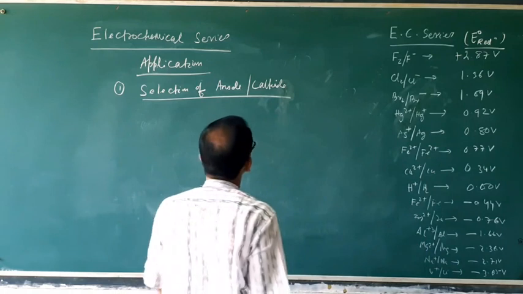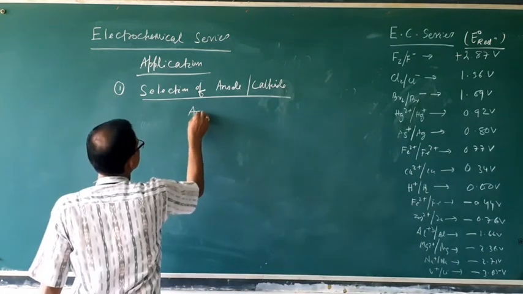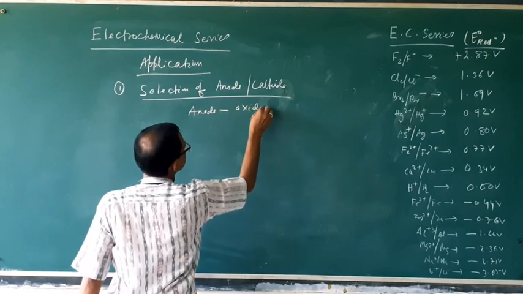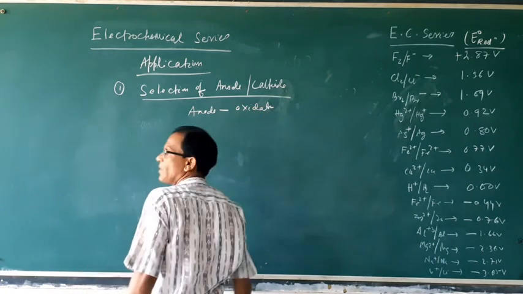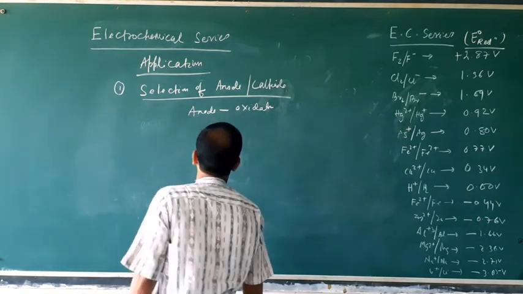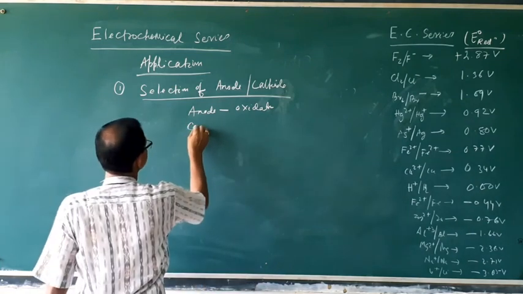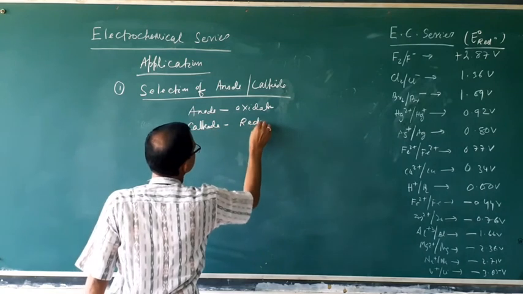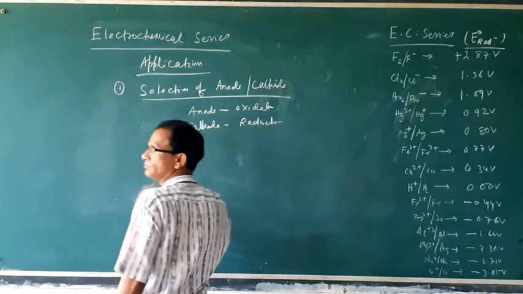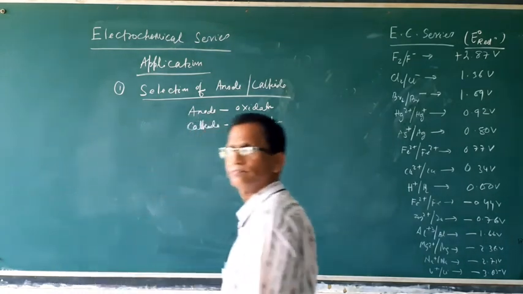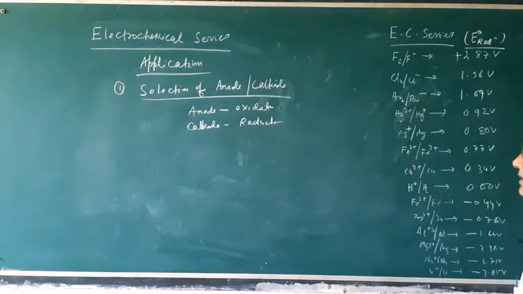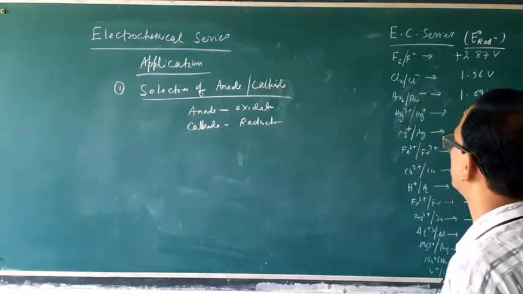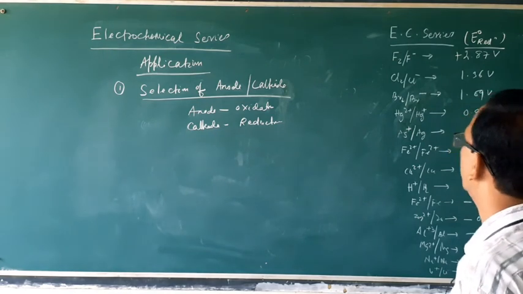We know anode means oxidation reaction takes place. Cathode means reduction reaction takes place. Anode means oxidation and cathode means reduction.